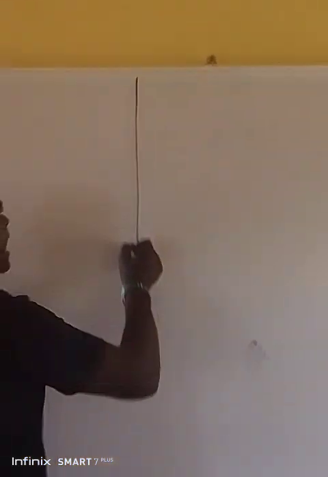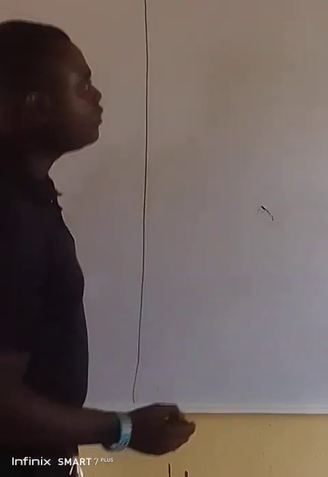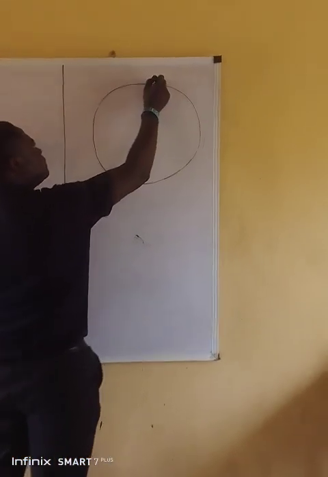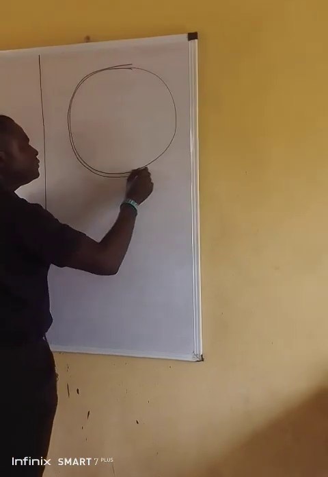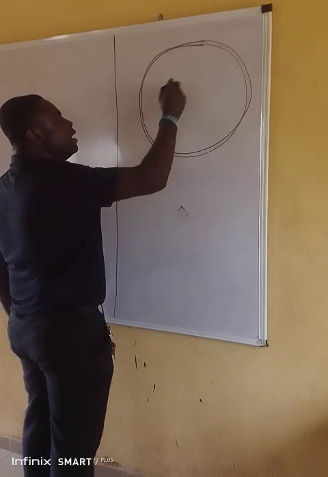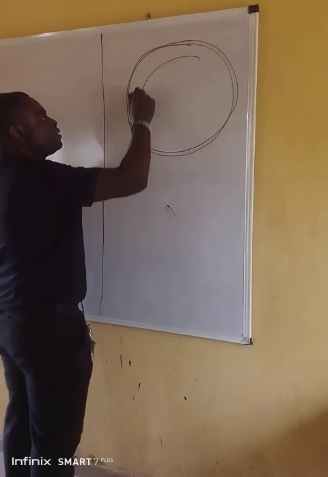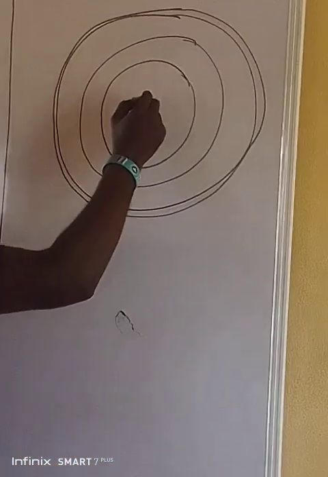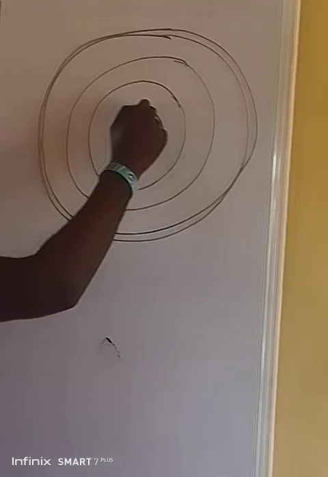So let's now continue and look at the diagram of what we are talking about. If this is what you have, look at what I'm doing here. Now, this is collenchyma, this is parenchyma, and this is sclerenchyma.